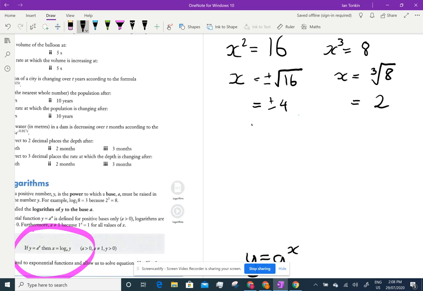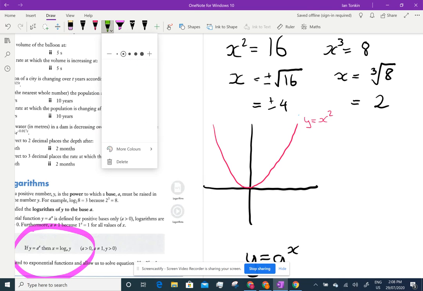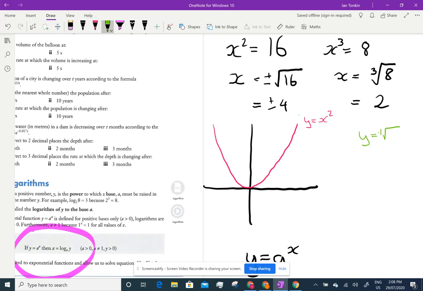And to help us with that, if we were to graph y equals x squared, we know that y equals x squared looks like this. There it is. And then if I were to graph y equals plus or minus the square root of x, I get something like that, which can also be written as x equals y squared if I square both sides of that equation.